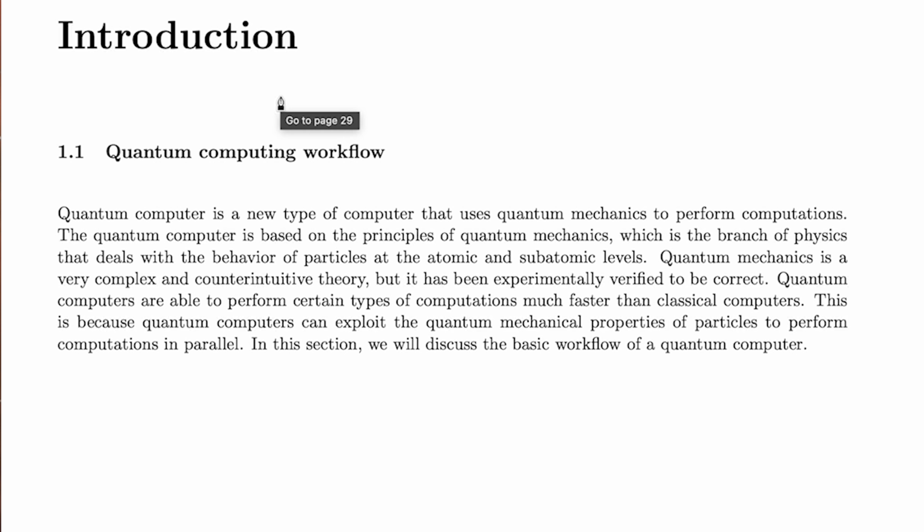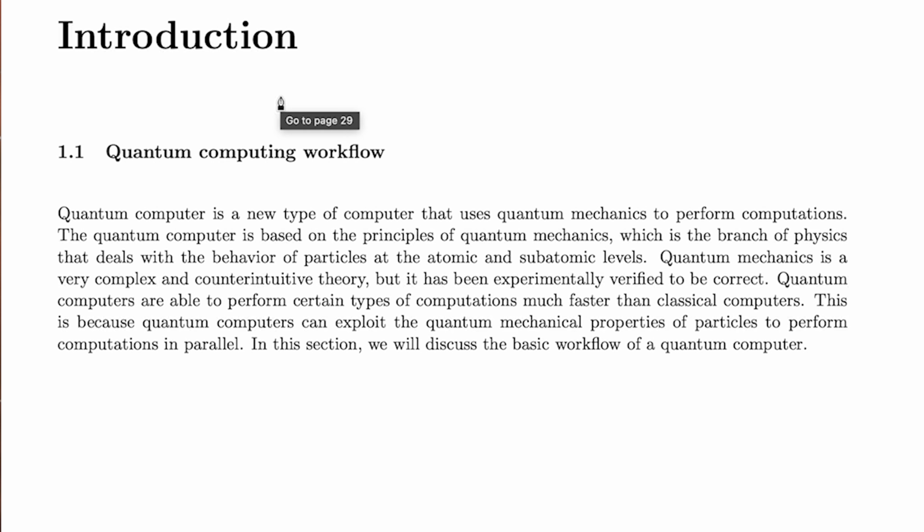Let's go. First, what is a quantum computer? The quantum computer is a new type of computer that uses quantum mechanics to perform computations. It is based on the principles of quantum mechanics, which is the branch of physics that deals with the behavior of particles at the atomic and subatomic levels. With the language of quantum mechanics, we can do three main applications.